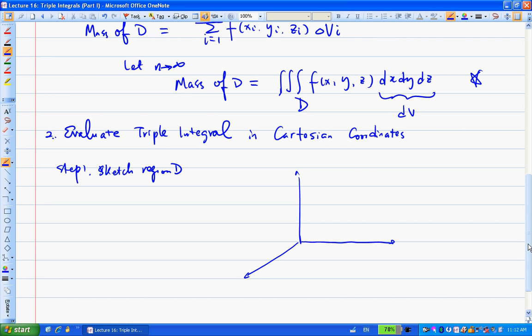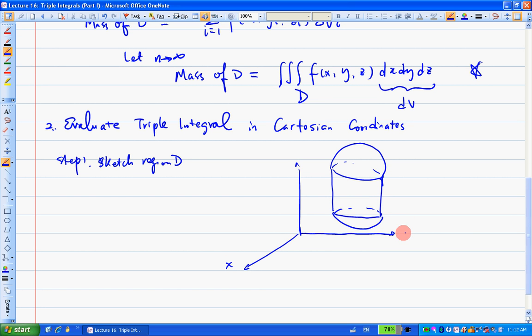So let's suppose I have a region D that maybe looks like this. So maybe the region D is this thing here.